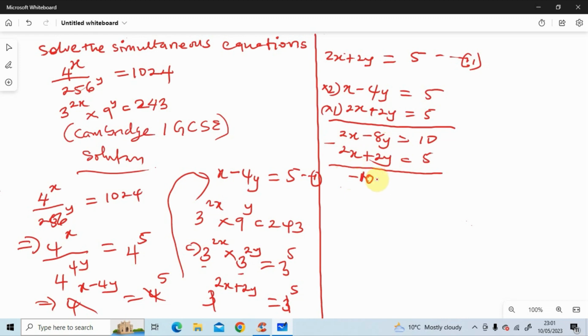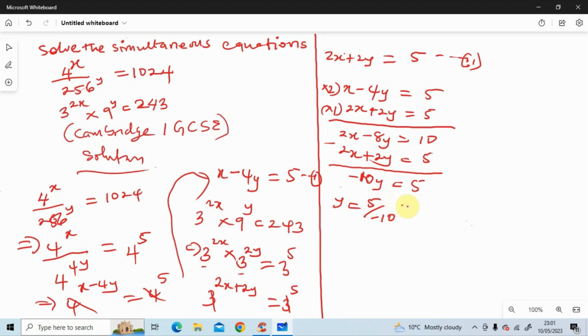We write minus 10y is equal to 10 minus 5, that will give me 5. So for me to get the value of y here, I'm going to divide both sides by minus 10, the coefficient of y. So y is equal to 5 over minus 10.